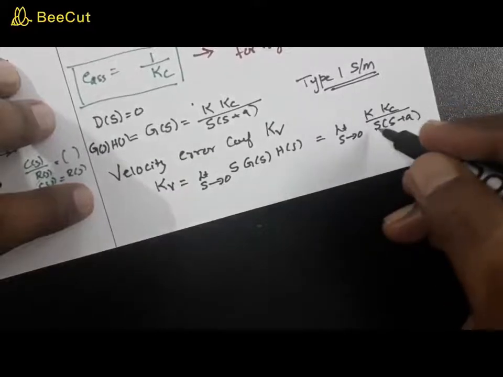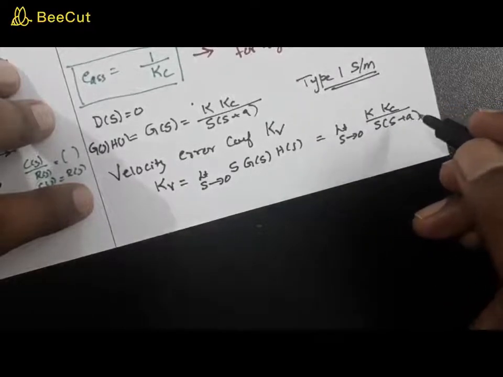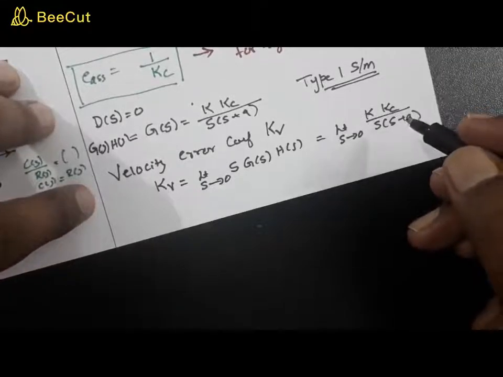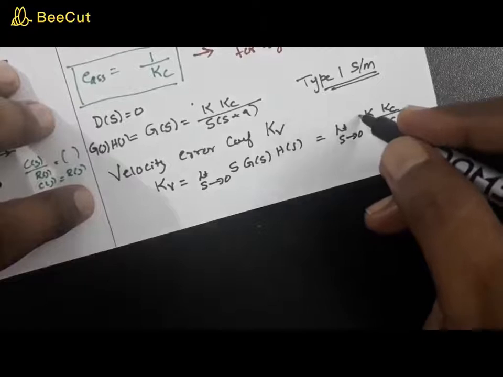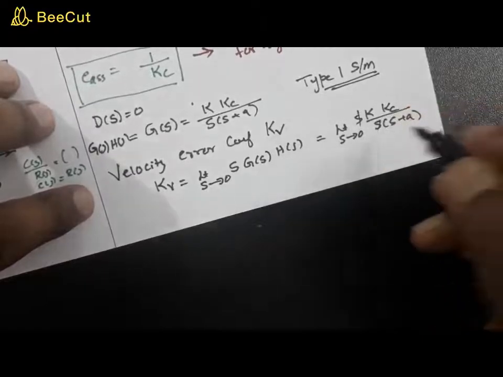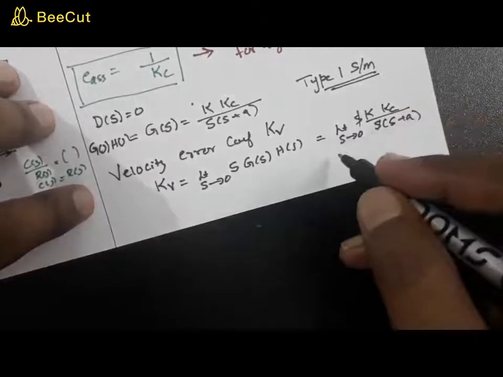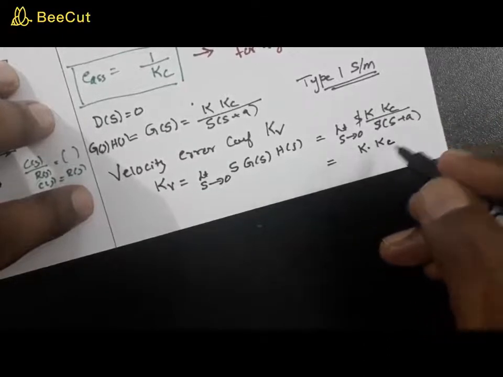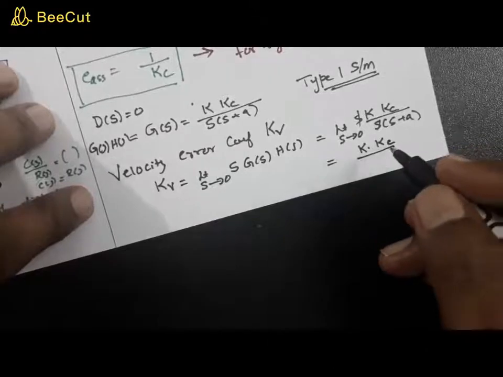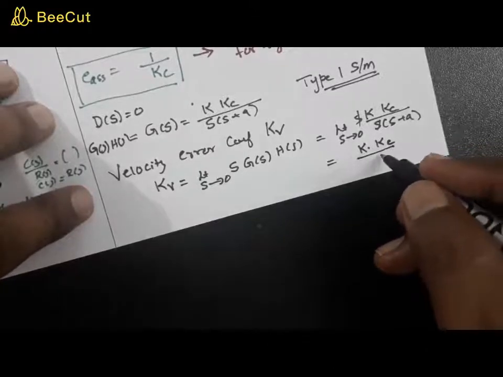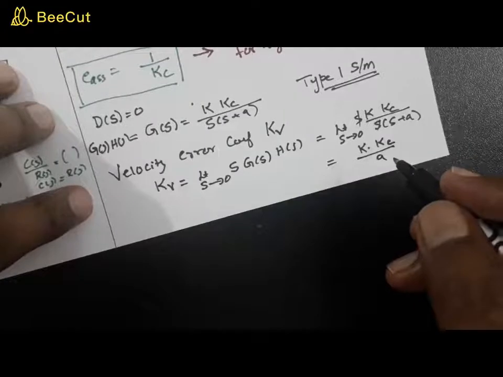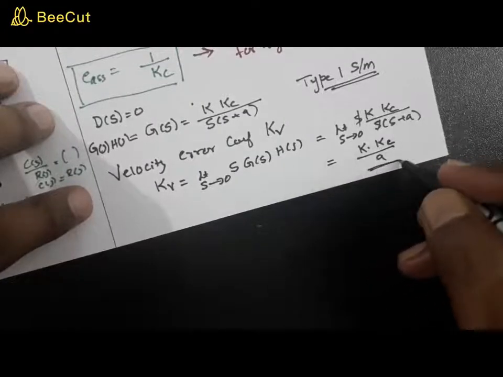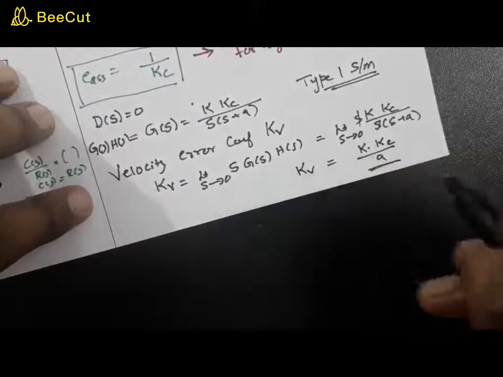When you put s equal to 0, the s and s get cancelled, and after substitution this will be k into kc divided by a. So that is your kv.